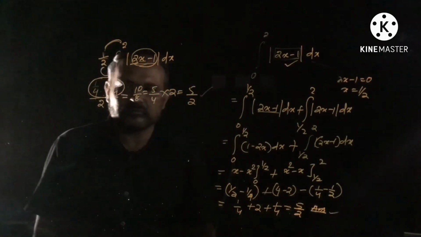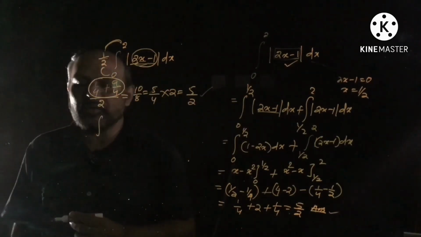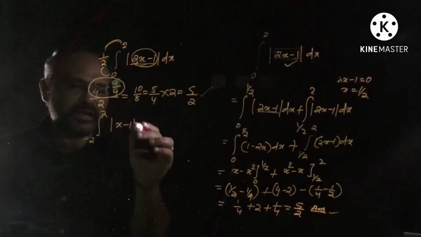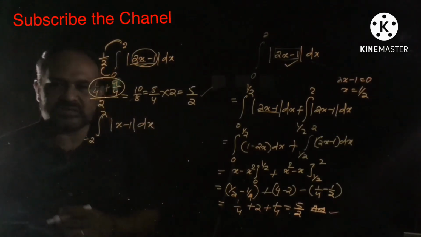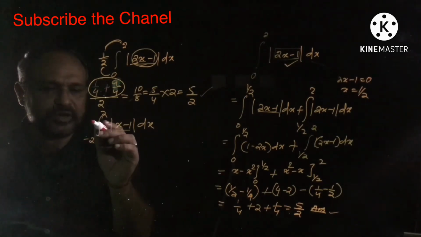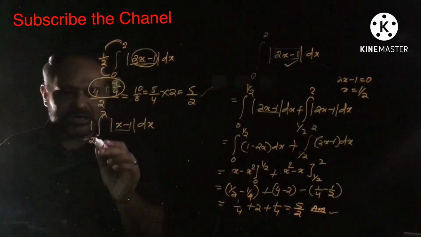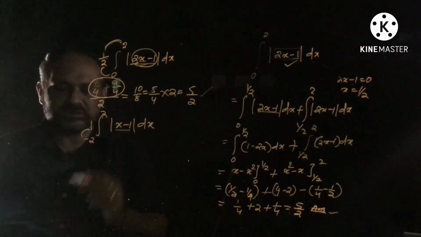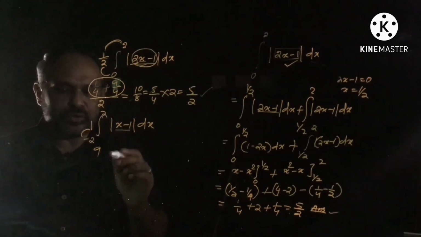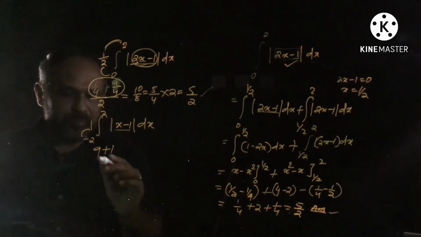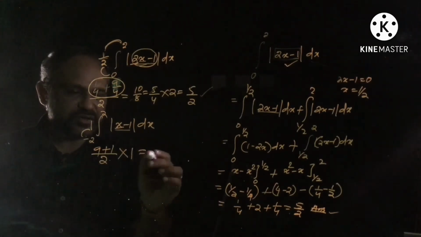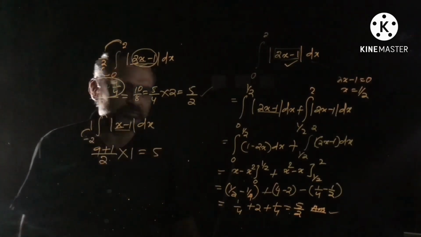This is the answer. In the previous problem we already evaluated the integration of minus 2 to 2 mod of x minus 1 dx. What is the shortcut technique? When x minus 1 is equal to 0, we take x is equal to 1. What is the difference of these two? Then its square, 9. Difference of these two, 1, its square, divided by 2 into coefficient of x, so this is equal to 5.